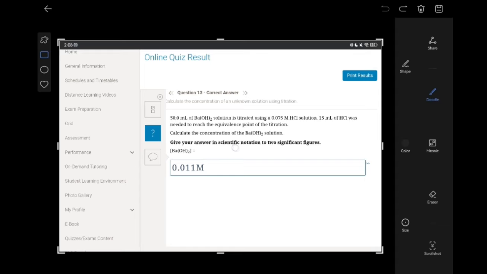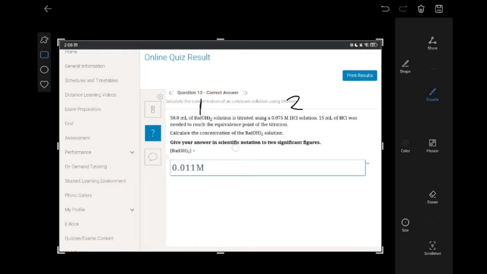Remember that. So that means n of the base equals 2 n of the acid. Whatever 1 of this gives you 2 of this, that's all you need to know. So I'll write it over it right now, 1 and 2.